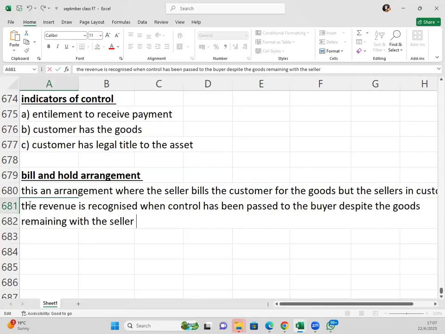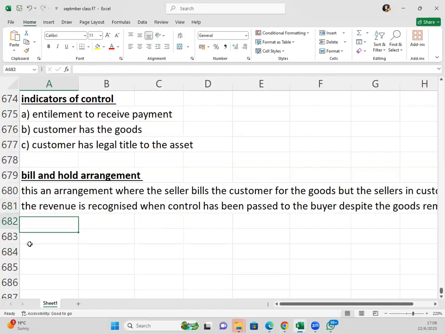The buyer now has control over the goods. Even though the buyer decides to leave these goods with the seller, they have control. If they want to take these goods, they can, because the goods are now theirs. They've just requested that the seller keeps the goods for them while they come and collect them at a later date.